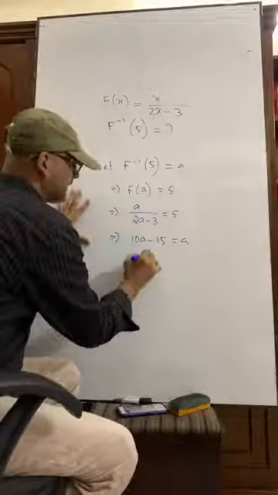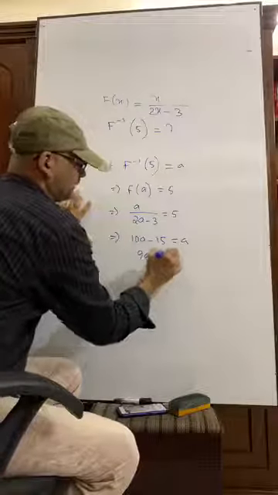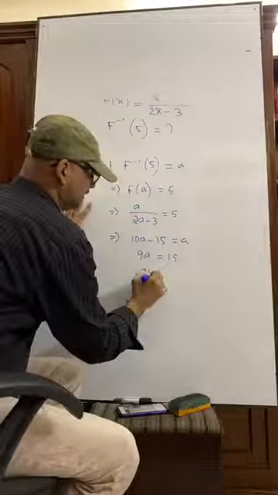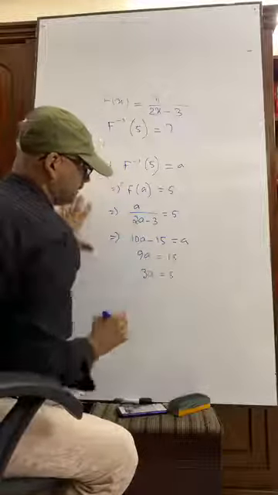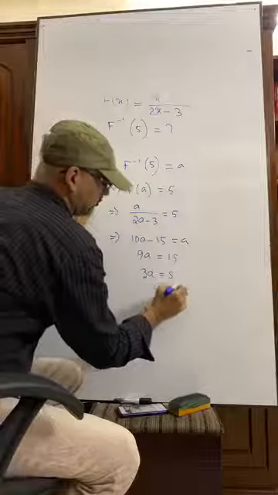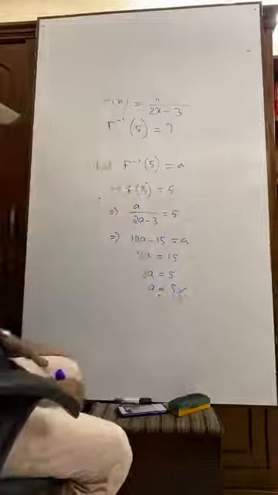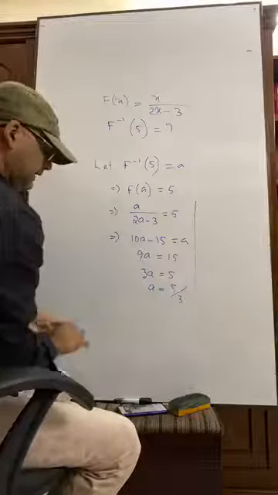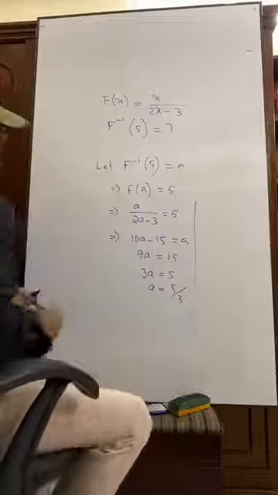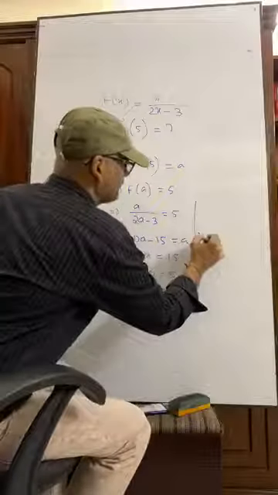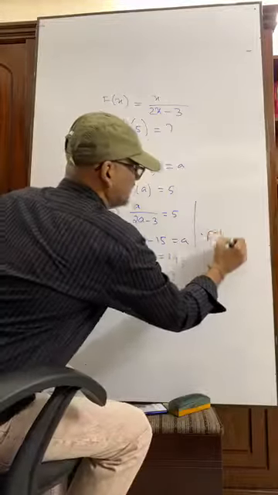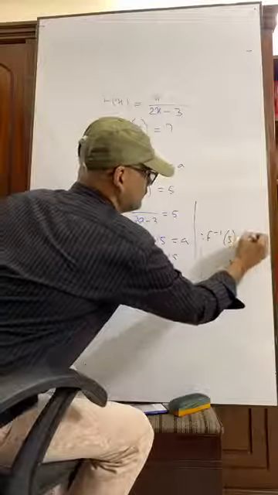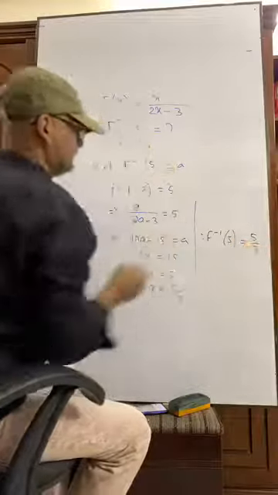So we get 9a equals 15, that is 3a equals 5. So a equals 5 by 3. That is, f inverse 5 is equal to 5 by 3.